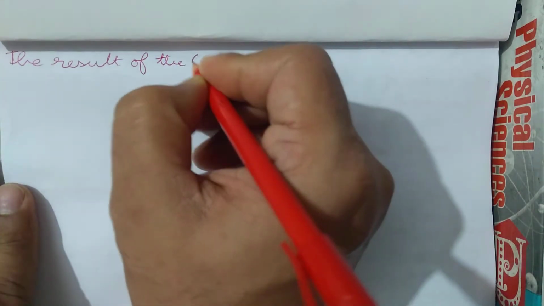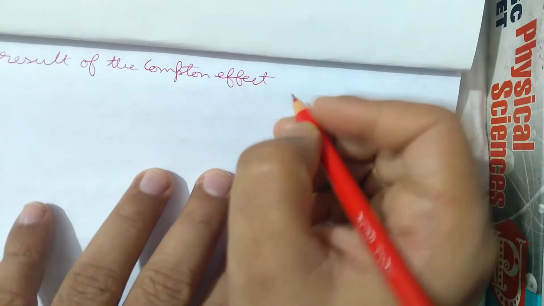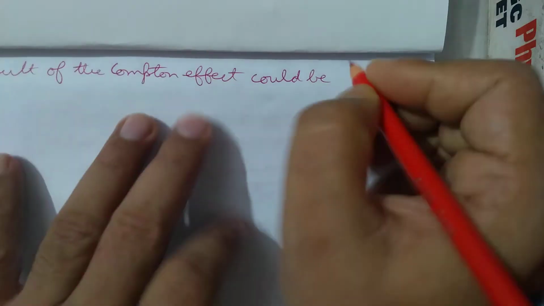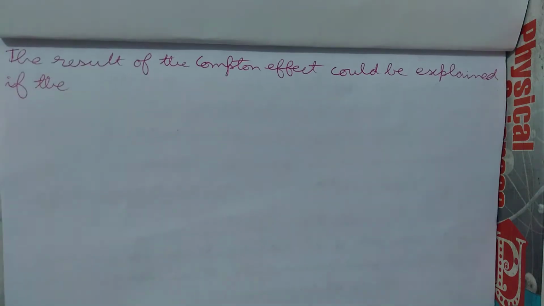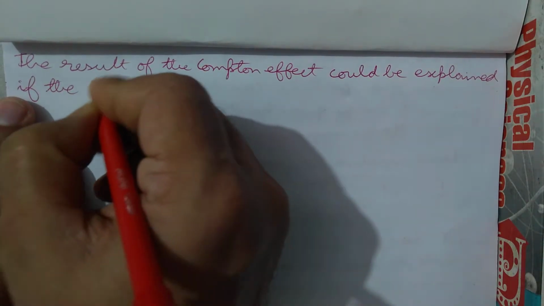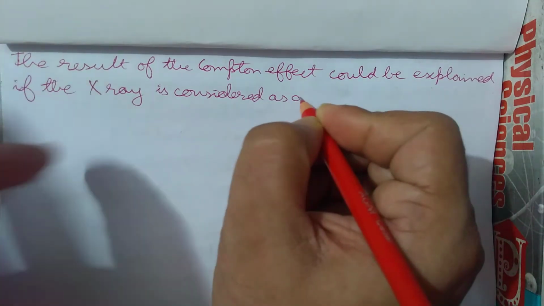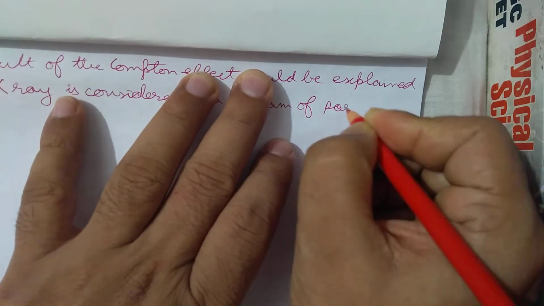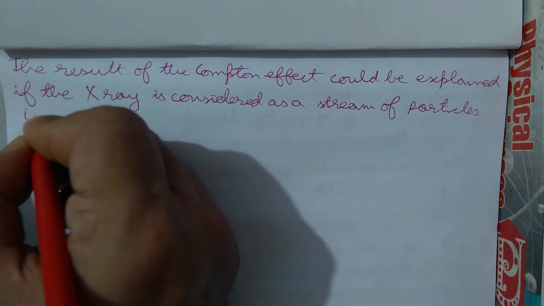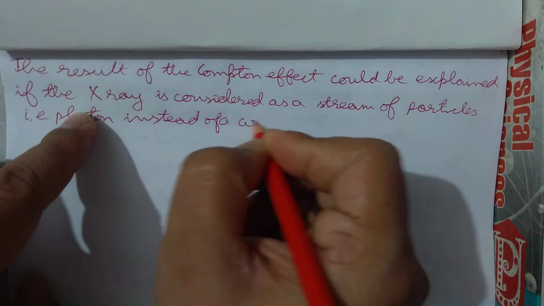The result of the Compton effect could be explained if the X-ray is considered as a stream of particles, that is photons, instead of a wave.